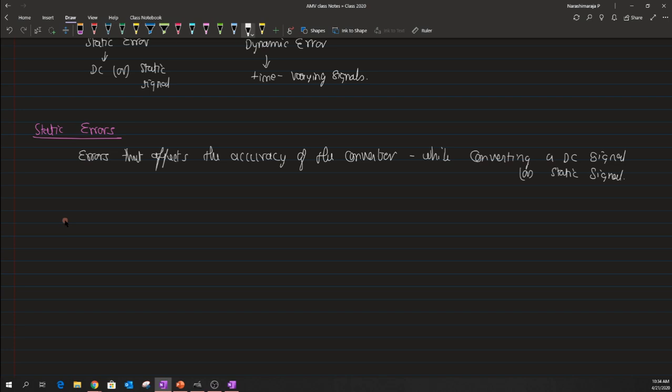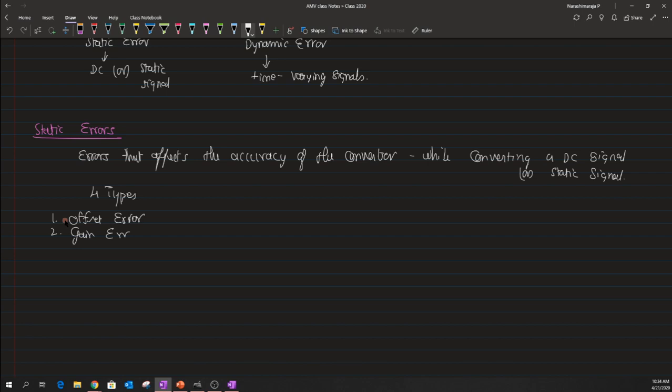The first one being the offset error. The second one is the gain error, and the third one is known as differential non-linearity error, and the fourth one is called integral non-linearity error.